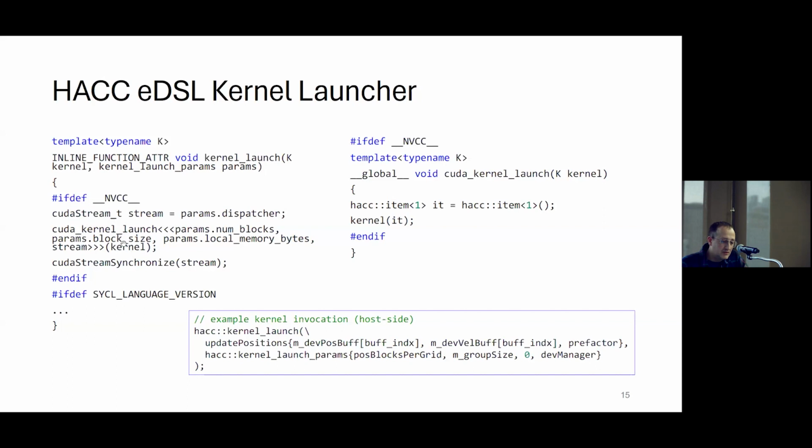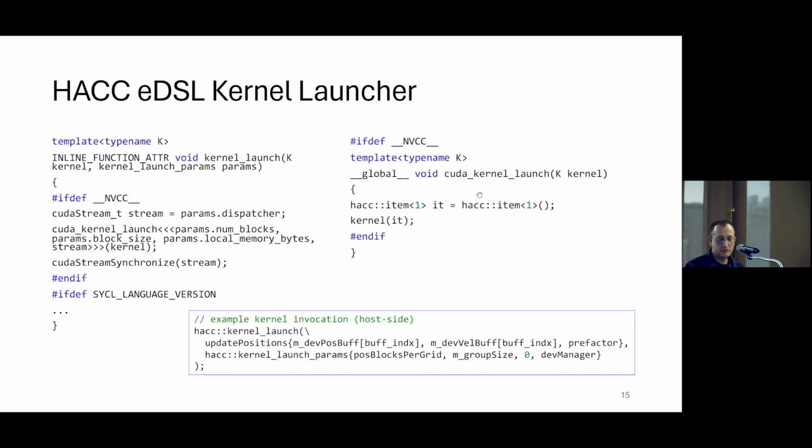The launch takes in the kernel itself, and the kernel is, like I said, an instantiated object. We call this CUDA global function that takes the kernel as a parameter.